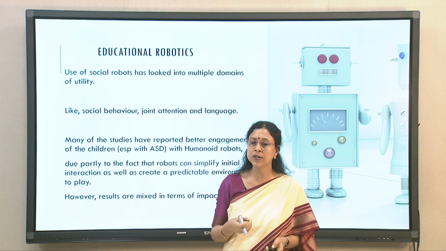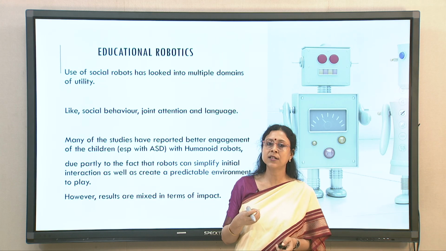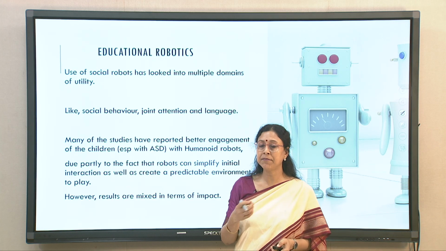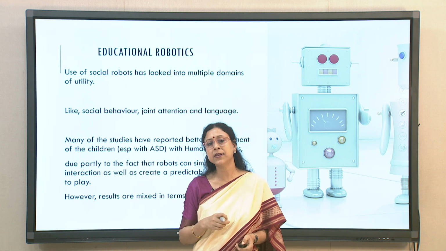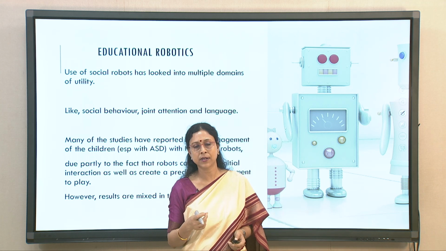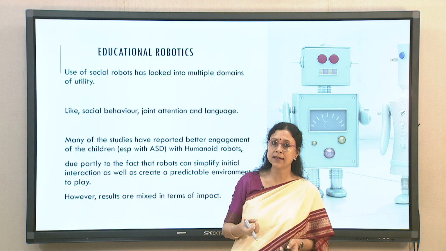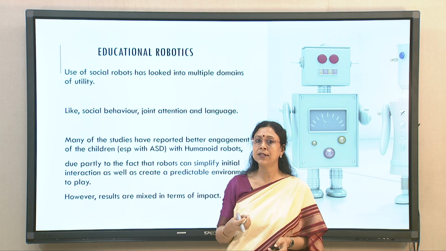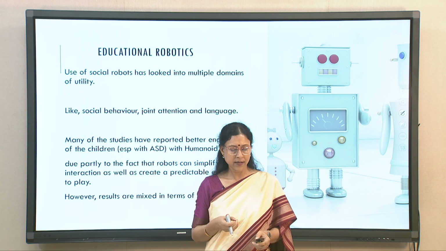So, they can spend hours playing with a particular toy or something. That is why educational robots can be a very useful tool. In fact, they have been used very effectively in certain cases of autism spectrum disorder specifically, and this has been found to enhance their social skills as well as joint attention skills to some extent. But again, results are mixed.